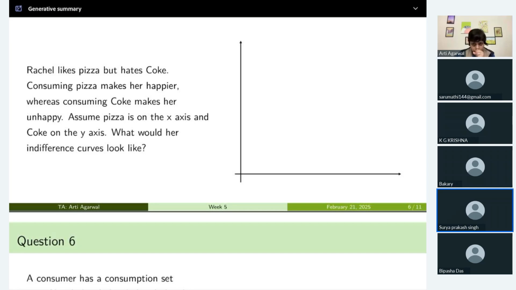Upward and downward sloping doesn't carry much meaning when you're talking about indifference curves because you have to draw several things in that. So instead of answering, please draw it and keep it with you. If you want, you can share a picture of your drawing in the chat box. Otherwise, just draw it and keep it, and then you can check it when we discuss it.